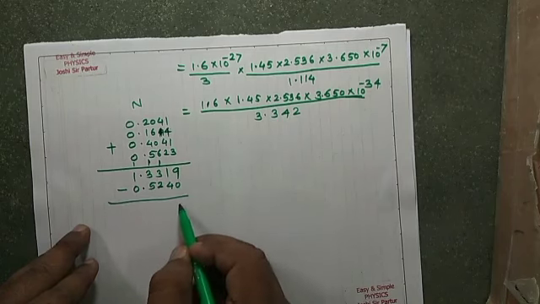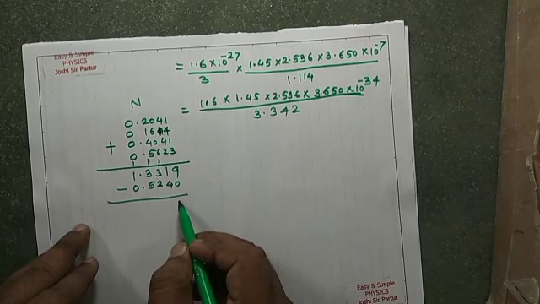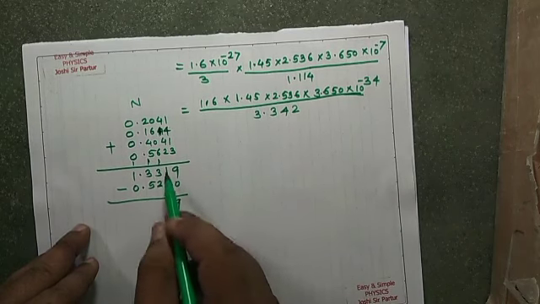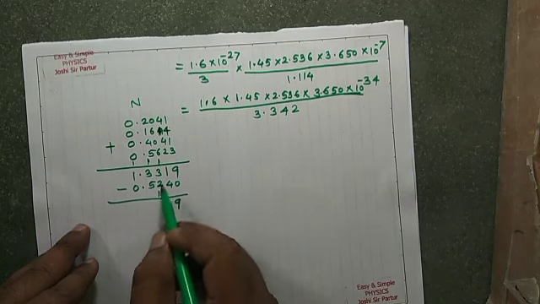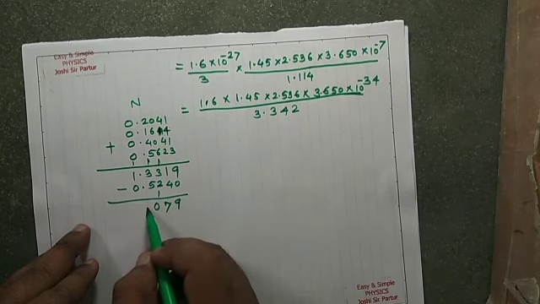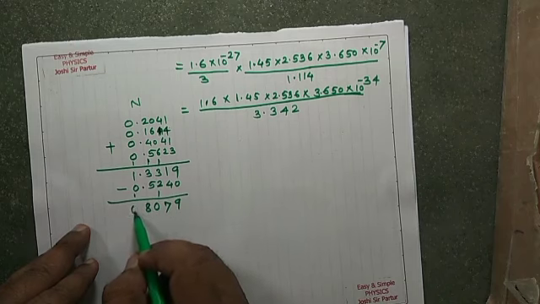So if 9 will be 0 will be subtracted from 9, 9 is there, 11, 4 will be subtracted, 7 will be remaining, so 0 and 8 here 0.